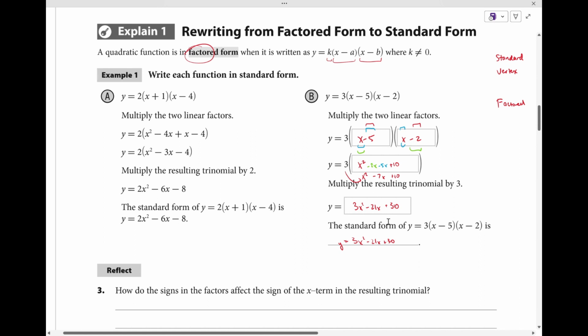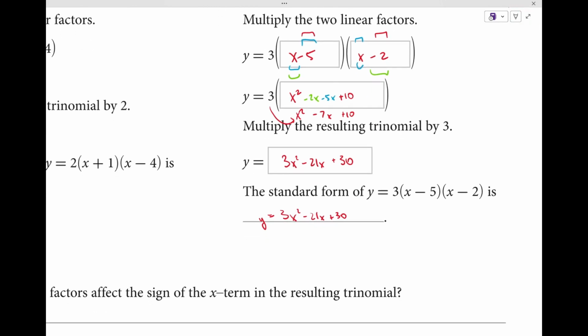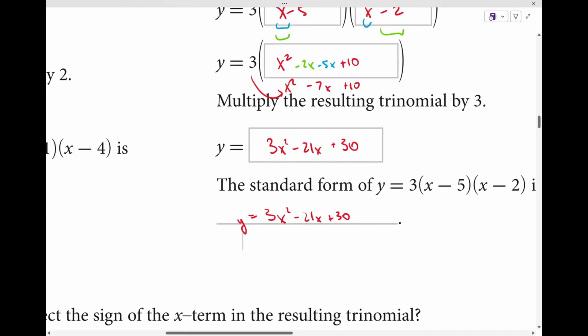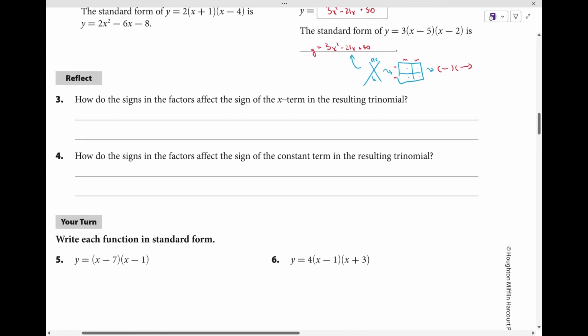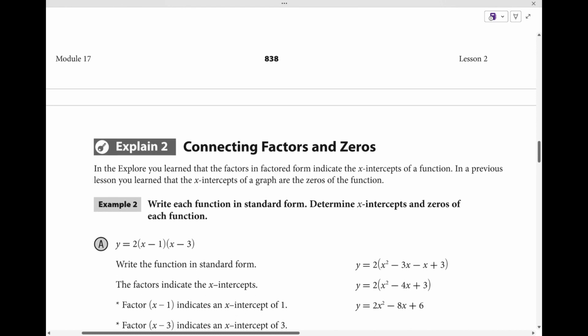We actually know how to change from standard form into factored form. The way we do that, and we're not going to focus too much on it here, but we've done it before, what we would have to do is we need to factor this trinomial. Okay, so that's factored form. You can do problems 5 and 6, that'll be good practice.